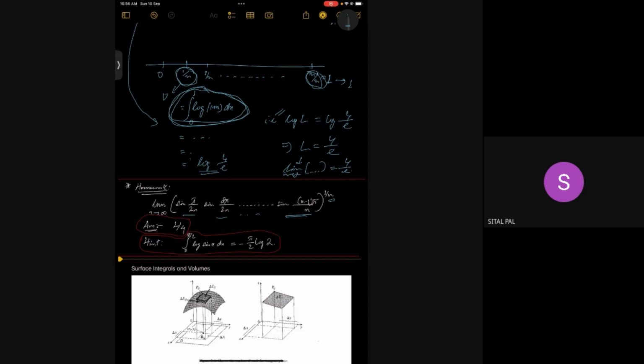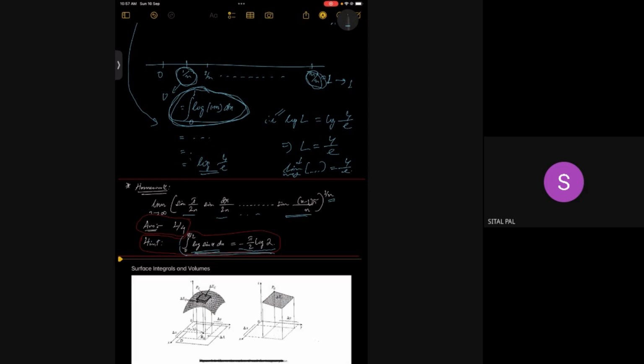Then when you solve the problem, you will encounter the integration of log sine x dx from 0 to pi by 2. The value of that is actually minus pi by 2 log 2. It's a long solution. If you studied the NCERT textbook in class 12, this very problem was there.